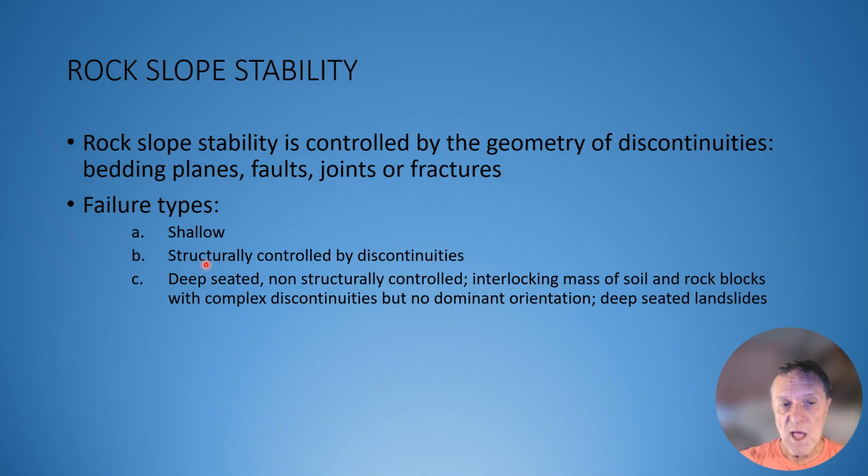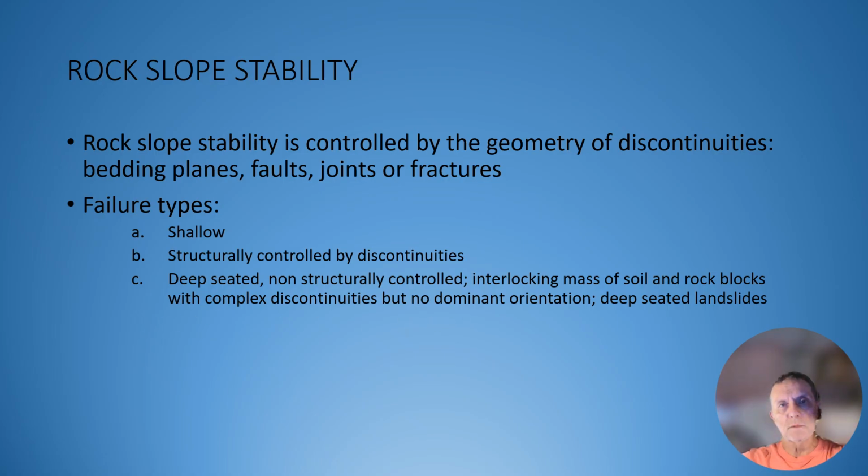So you may have shallow rock failure. Structural discontinuities control the strength of the rock mass and the ability of the rock mass to stand by itself without failing. You can have interlocking masses of soil and rock blocks, but no dominant orientation.